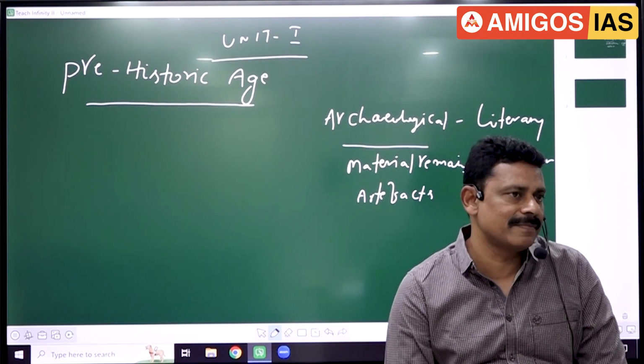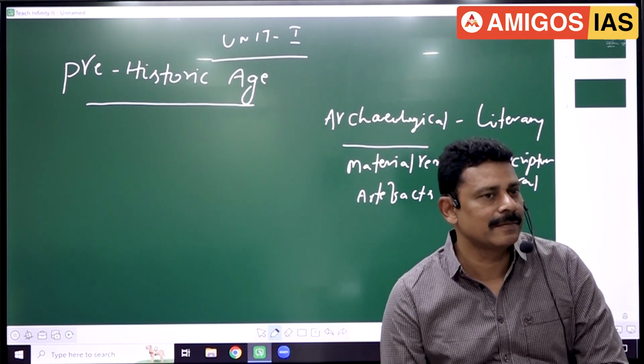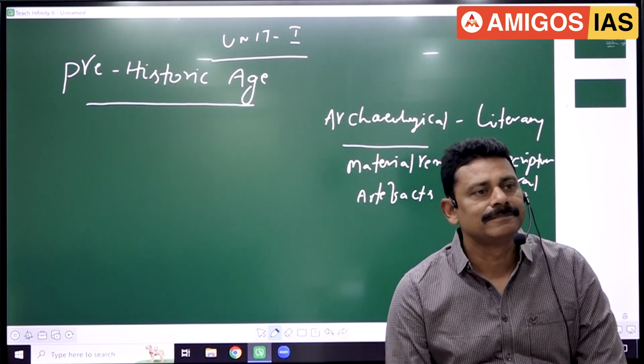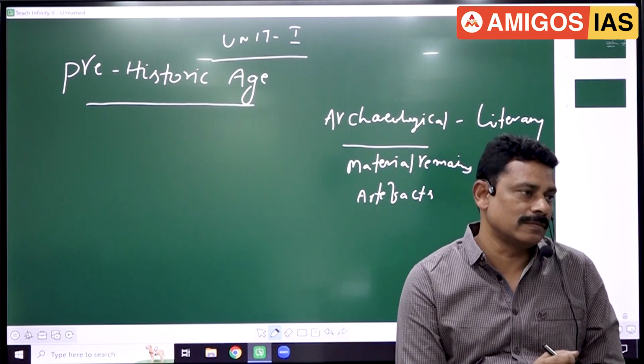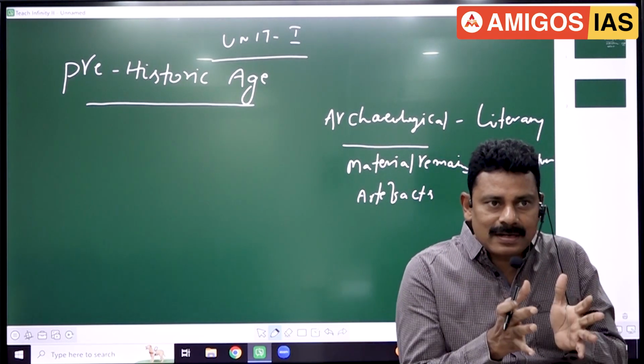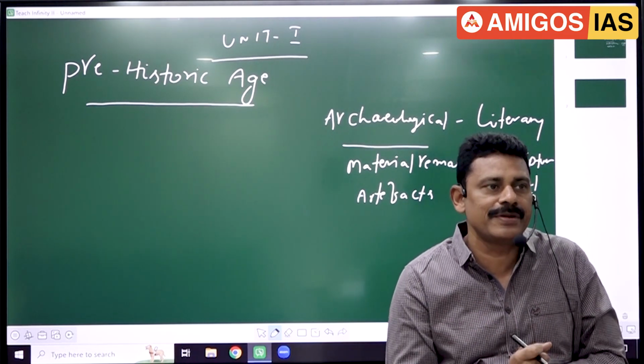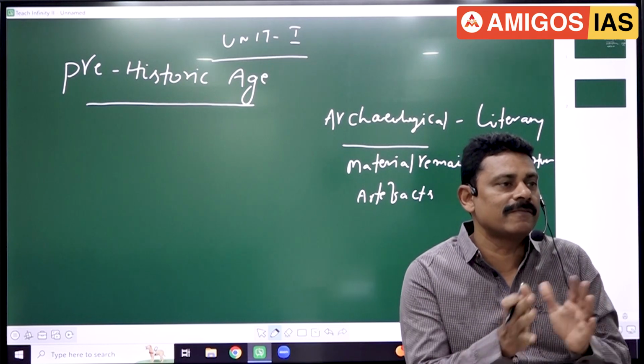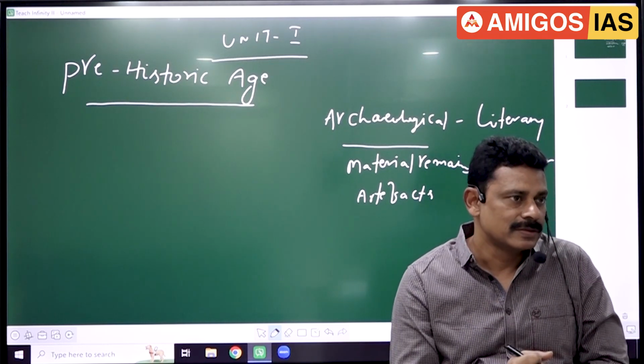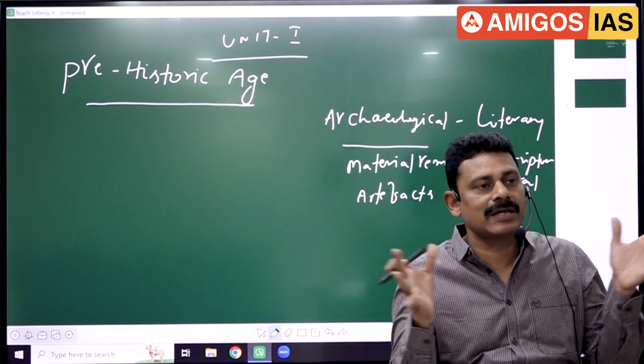Stone is the dominant material used by the people who lived in this era. But again, coming to the stone, the shapes and sizes of the tools and implements used by them varied from one period to another. They did not remain the same throughout the age.